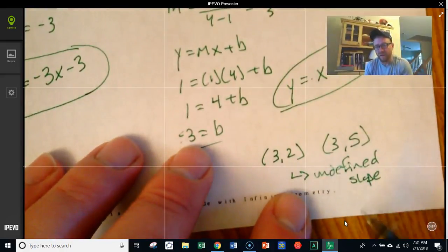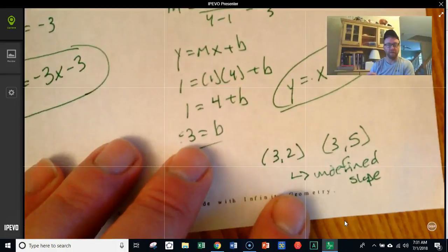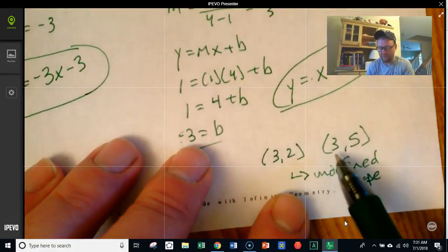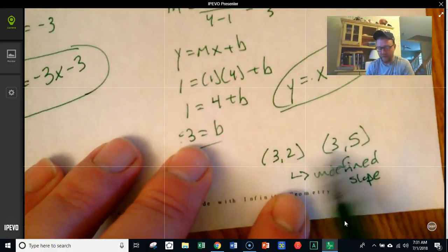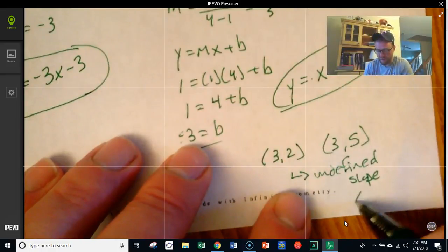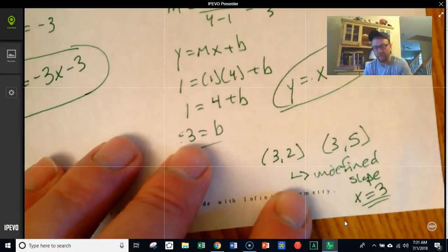So the equation of the line is going to be a straight up and down line, a vertical line that passes through the x-axis at x equals 3. So the equation is just going to be x equals 3 in the end.